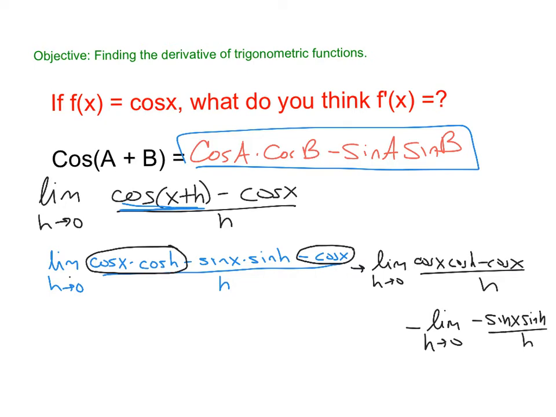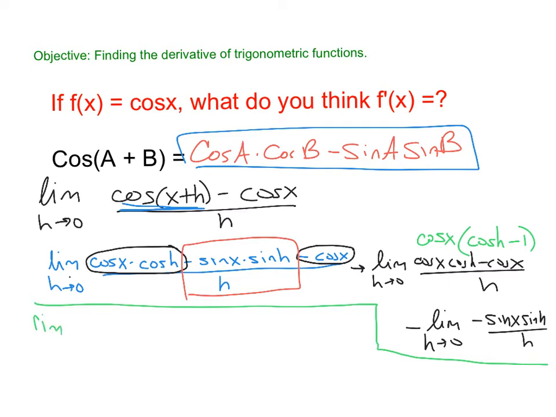All right, so that's this part. So I separated it into two. Okay. Now, if you look at the top, this top one, I can factor out a cosine x, and I'm left with cosine of h minus 1. Okay. So we're going to use that over here.